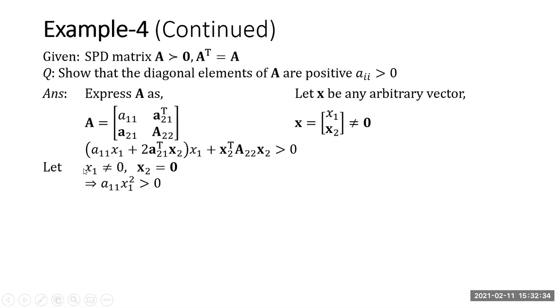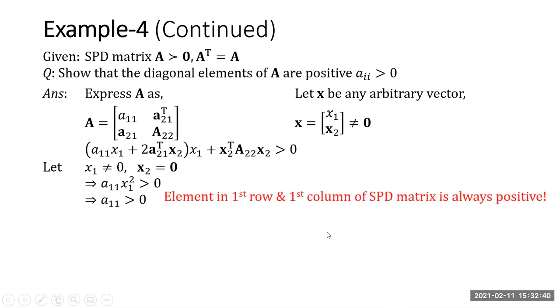Now let's do the other case. x1 equals 0 and x2 is some non-zero vector. From this expression here, what do we get? Since x1 equals 0, this whole first term disappears, because it has x1 in it.